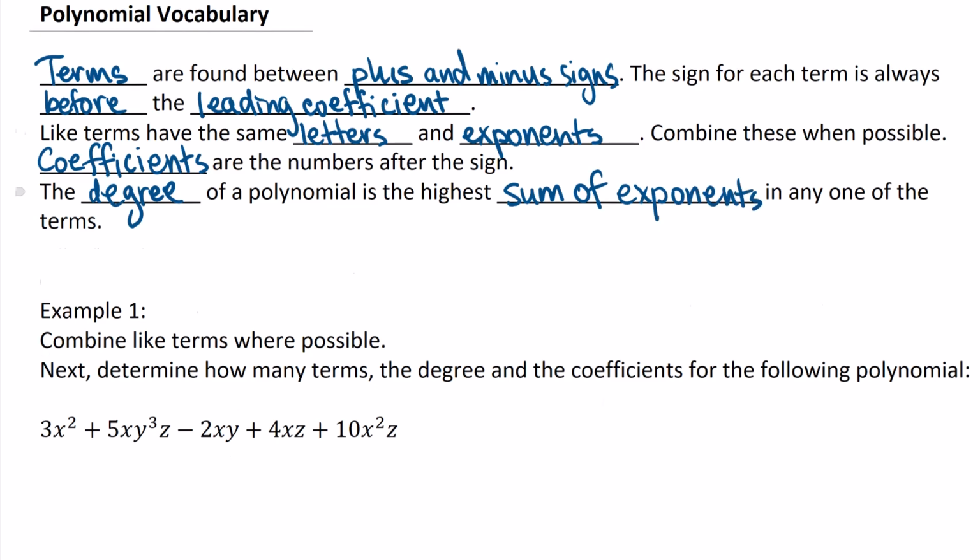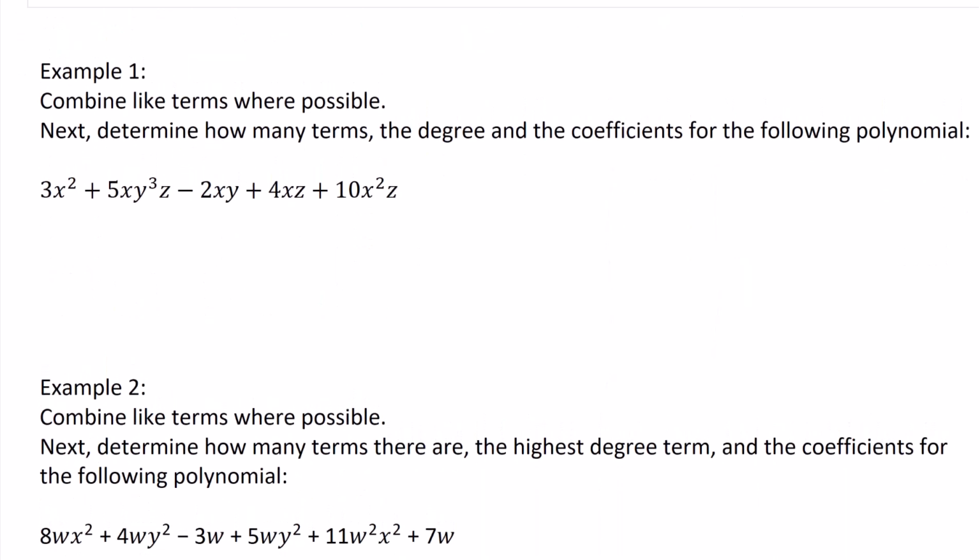For example 1, we're asked to combine like terms where possible. Next, determine how many terms, the degree, and the coefficients for the following polynomial. We have 3x squared plus 5xy cubed z minus 2xy plus 4xz plus 10x squared z.